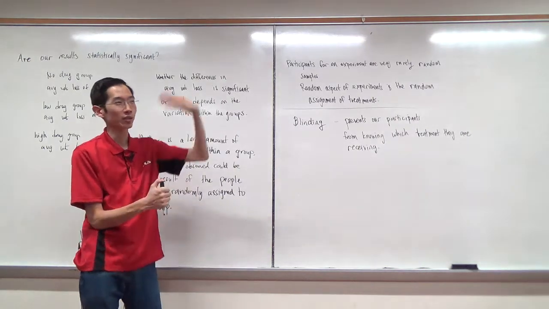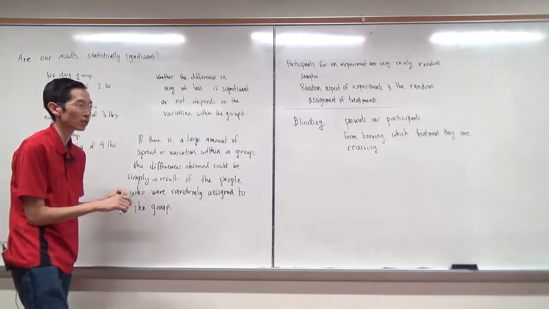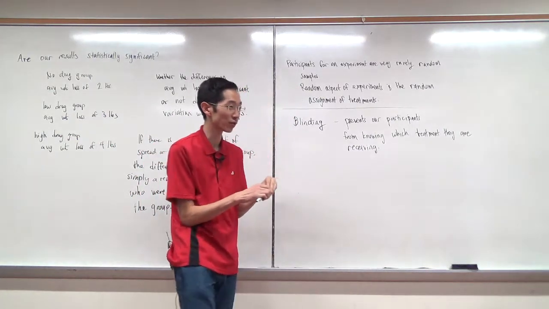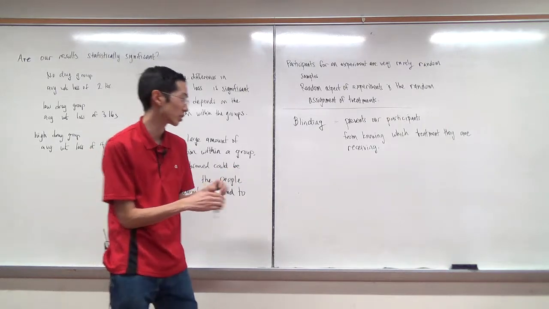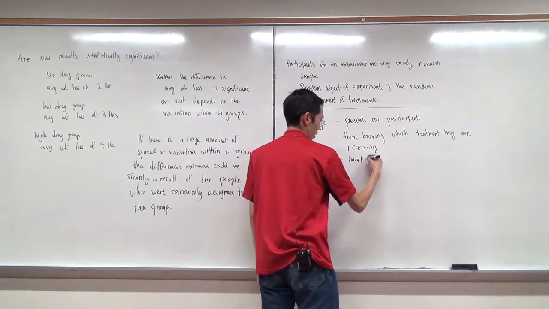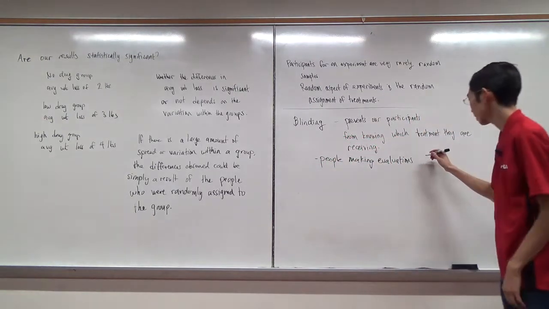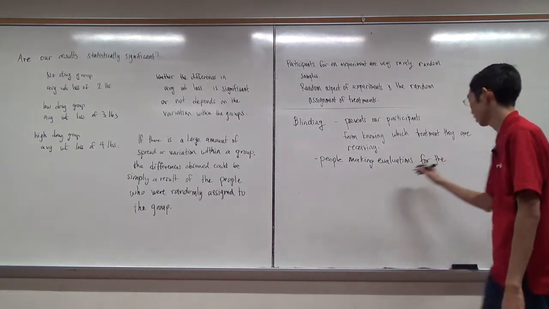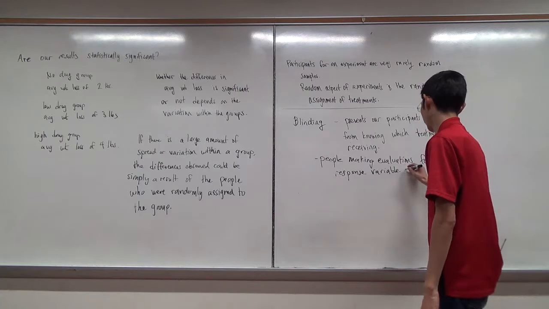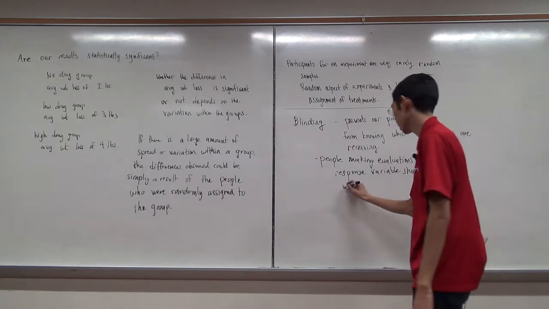So if there's some kind of drug or some kind of therapy or whatever it might be that can be used to treat depression, the person who's making the evaluation of whether or not you have improved should not know the treatment. So sometimes people making evaluations for the response variable should not know which treatment is being used either.